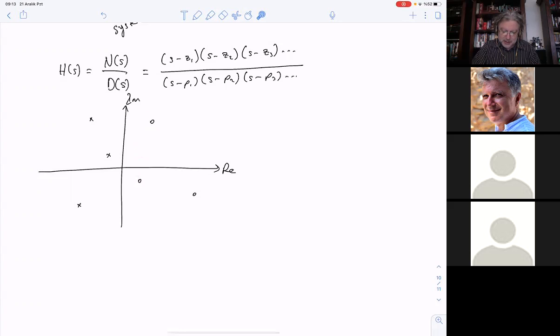And if you have a 0 here, you must have a 0 here. A 0 here, a 0 at its conjugate. And same for the poles. A pole here, a pole at its conjugate. A pole here, a pole at its conjugate, a pole here, and another pole at its conjugate, like this. But I didn't draw it that way because I'm just trying to generalize. So this is a complex filter.